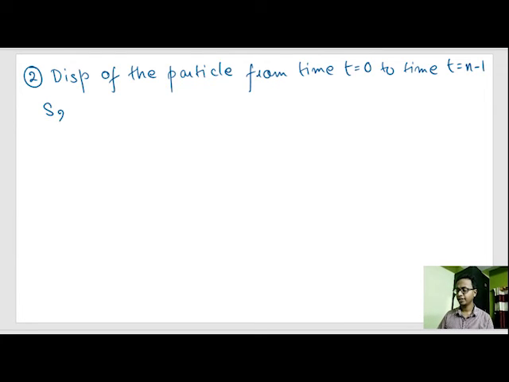Or S2 is equal to ut plus half at square, where u is 0 and t is n minus 1. A is g sin theta.